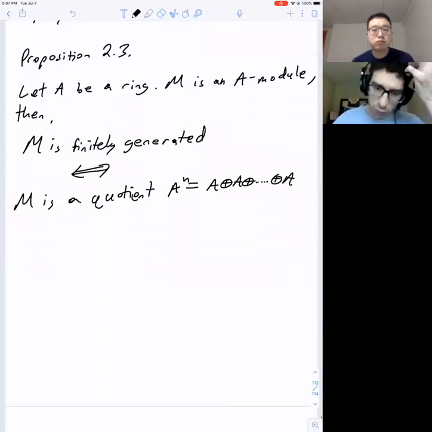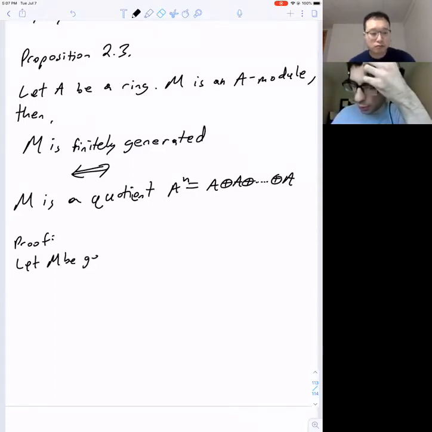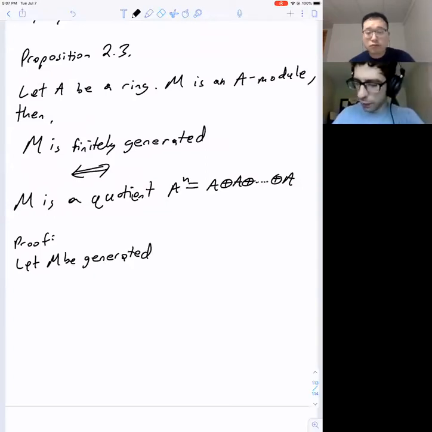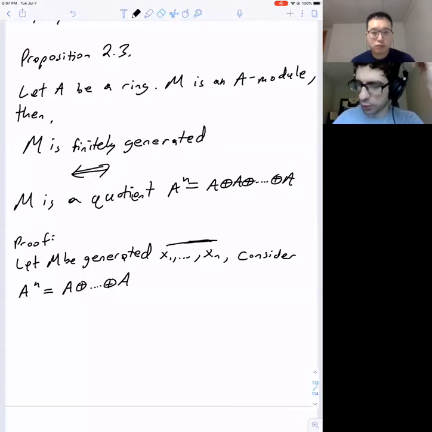Okay, this proof is very easy. It's just group theory. Let M be generated by some finite collection of elements x1, x2, ..., xn, and consider A to the n, one copy of A for each of these elements.